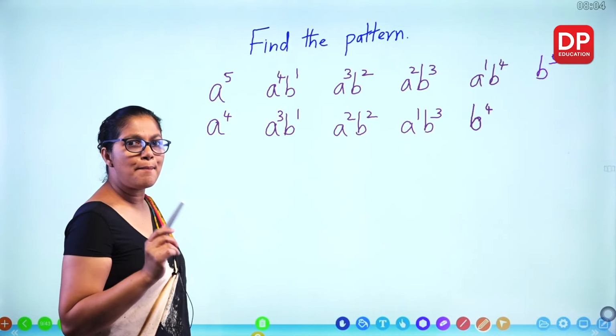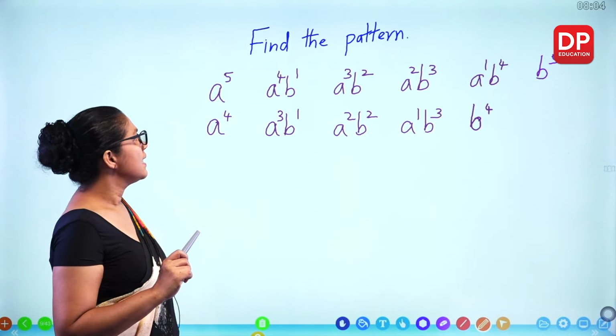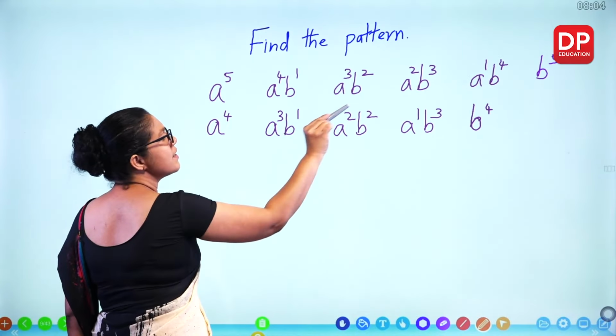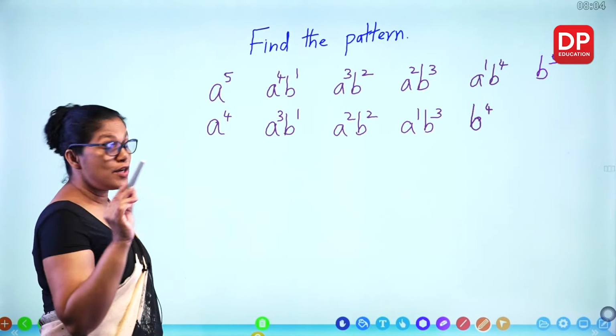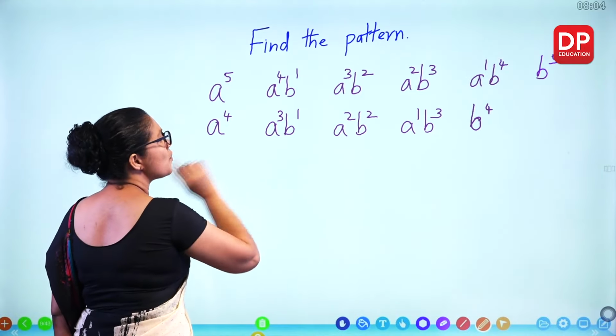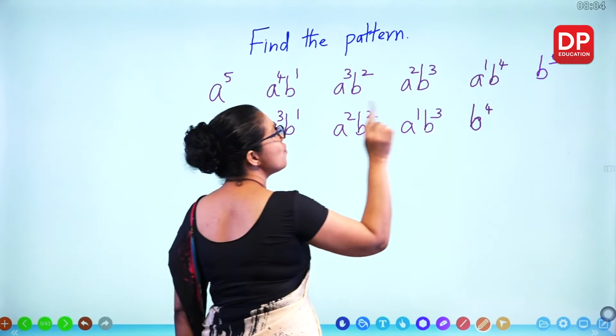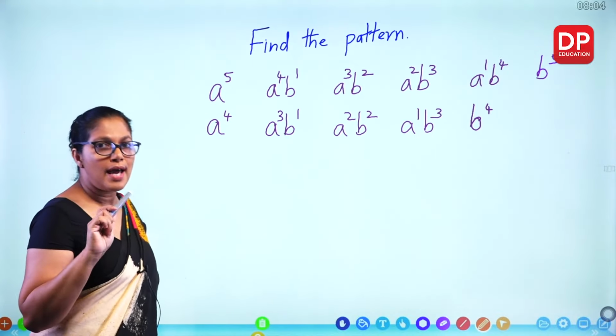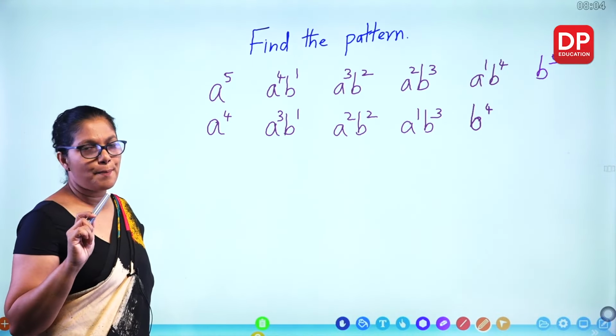Here also the same pattern we can see. This power reduces by 1, the second power increases by 1, and when you add the powers, 3 plus 1, 4, 2 plus 2, 4, 1 plus 3, 4. You get the same power when you add the powers.